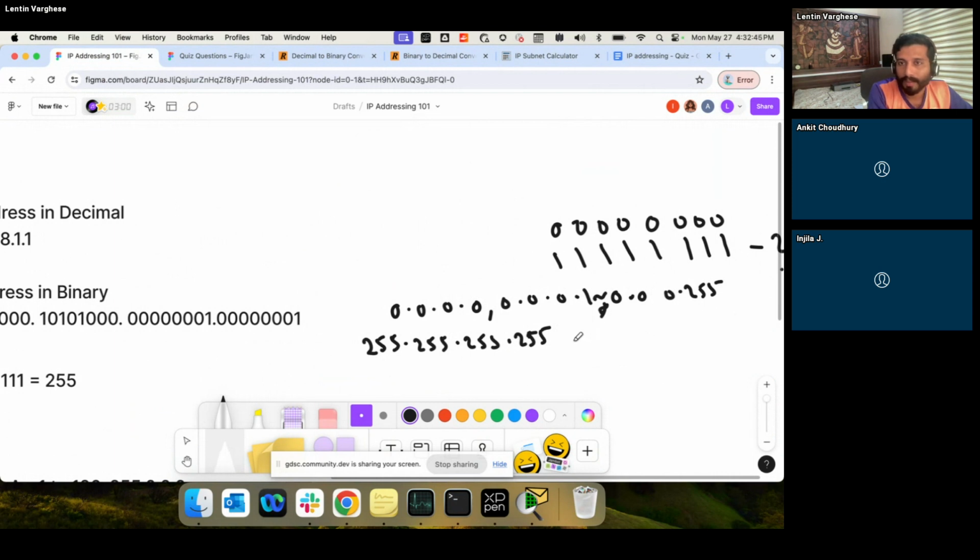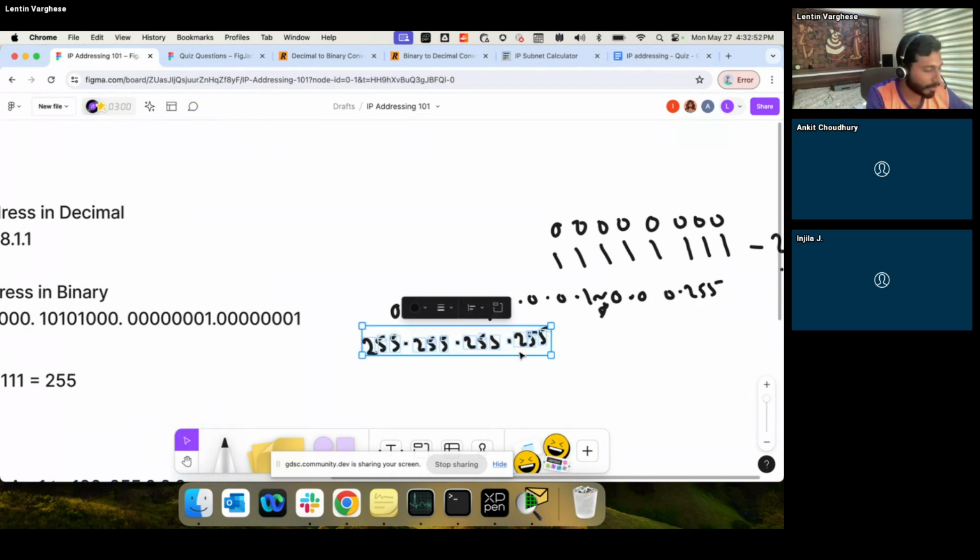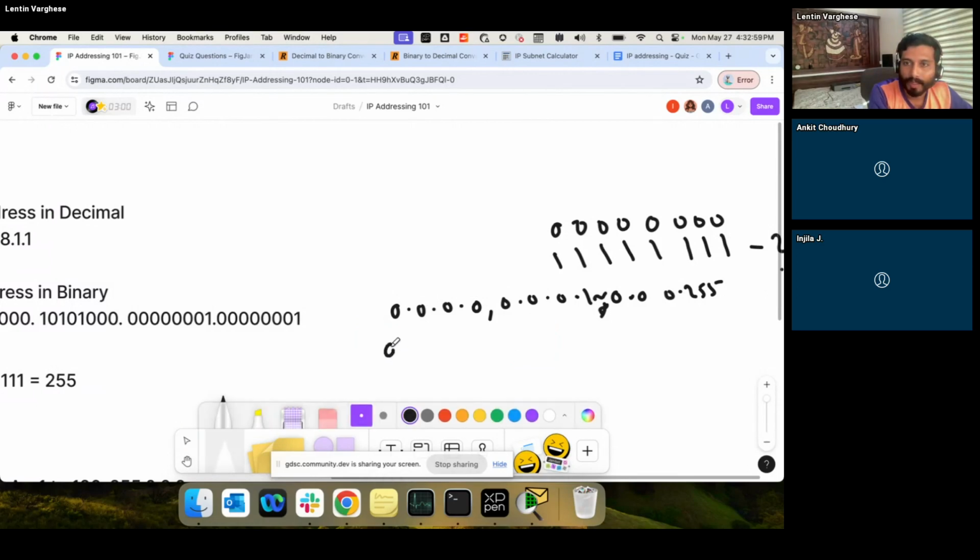Okay. Now the next would be, I'm sorry, let's skip to that later stage. Okay. The next would be 0.0.1.0. So I can continue like this, and then the next octet would come into play, 0.1.0.0.